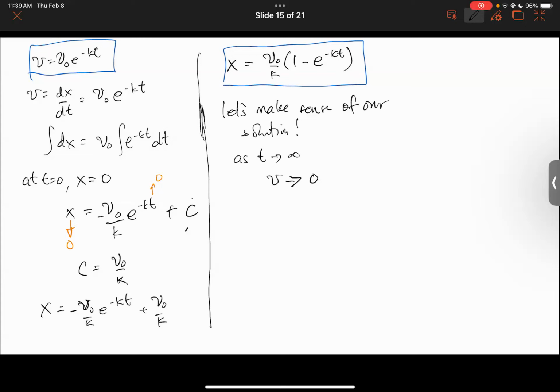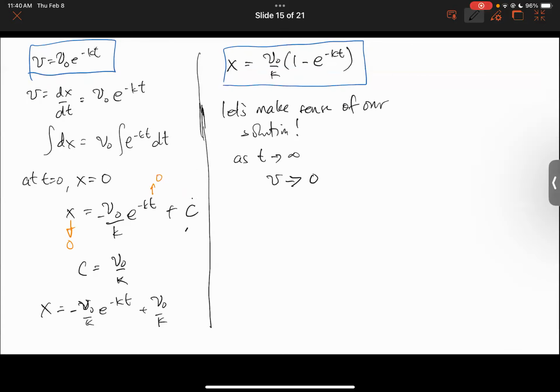And habang lumalaki yung time, yung velocity nag-approach to 0. Which is of course what we expect. Di ba? Kasi nga meron na tayong retarding na force. Ang siguro hindi lang natin ina-expect is how fast the velocity decreases. So as soon as you apply a retarding force dun sa projectile ninyo, yung velocity decreases exponentially. So mabilis lang yung pag-decrease niya.